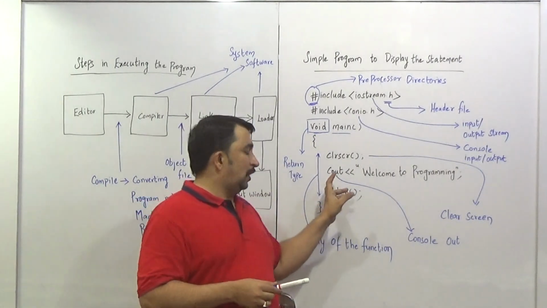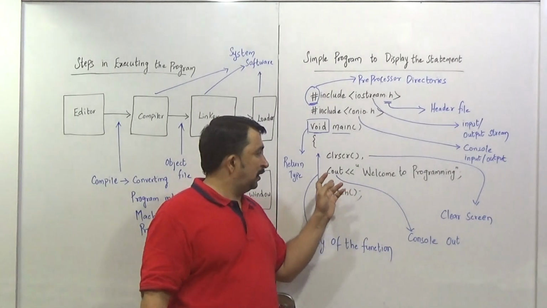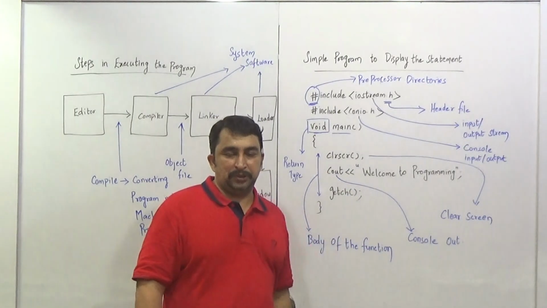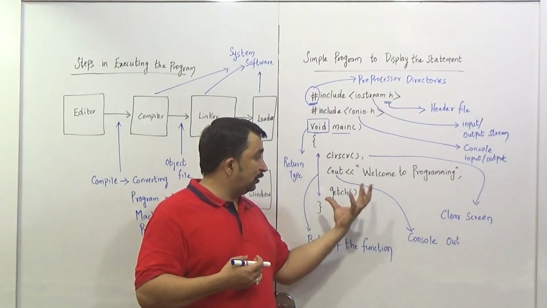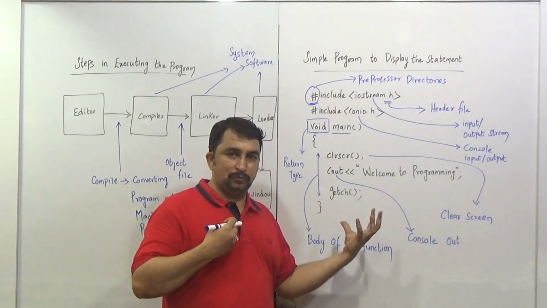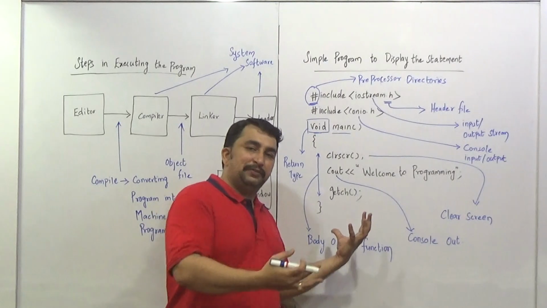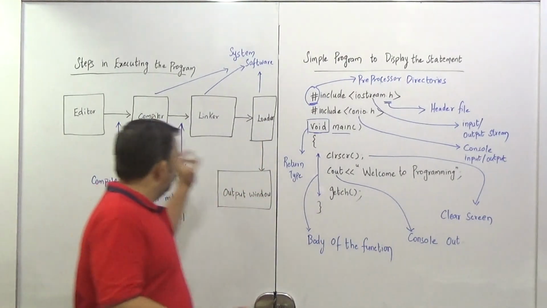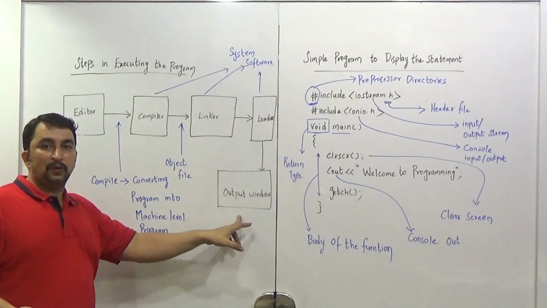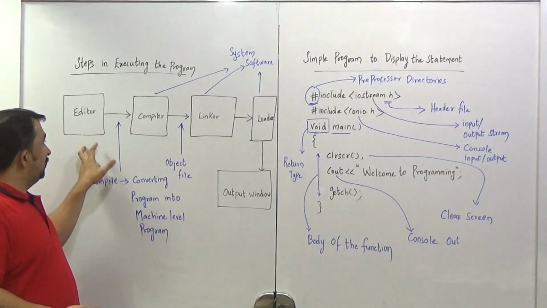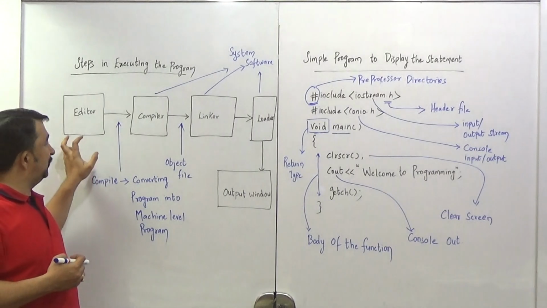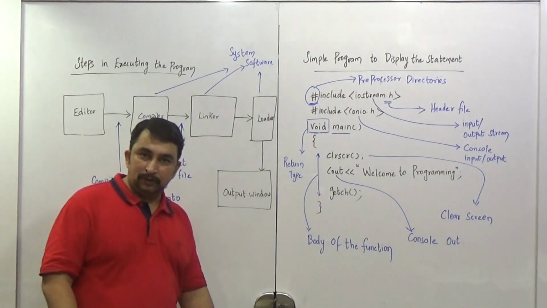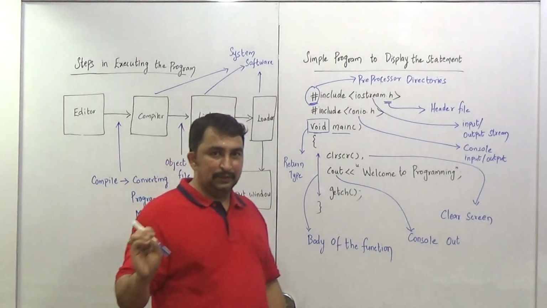Regarding streams: when the program is taking input, that is the input stream, and when the program is giving output, that is the output stream. The program will give the output in the output window, and the program will take the input in the output window. You got it? Is it clear, everyone?